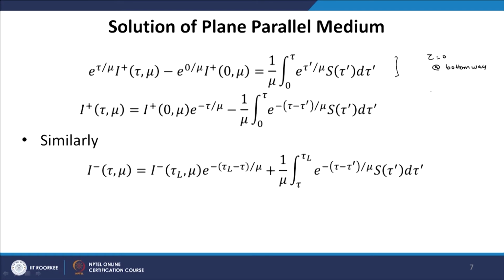So, we have to take the integration of the source term in all directions: e^(-τ'/μ) S(τ') dτ'. All the directions we have to include, and we integrate from 0 to τ.